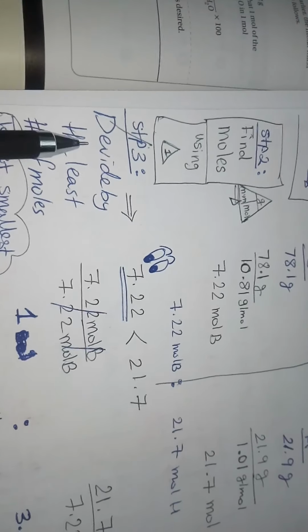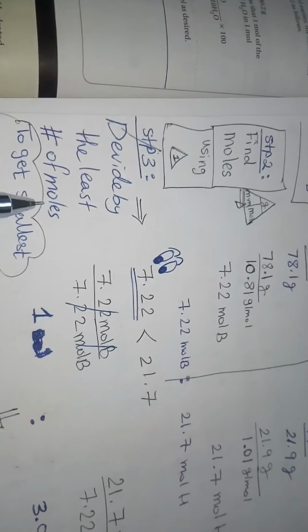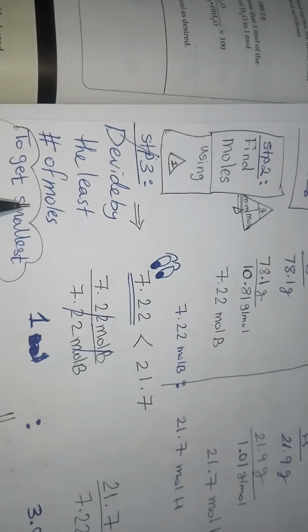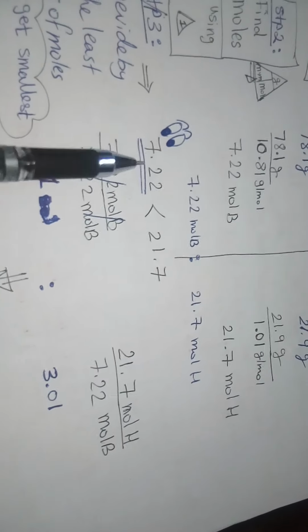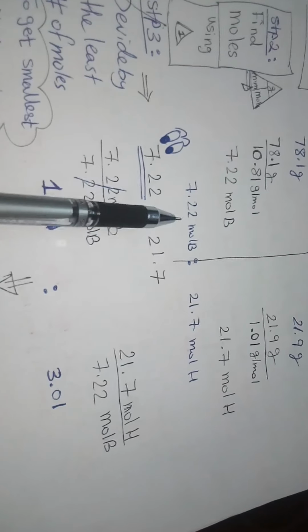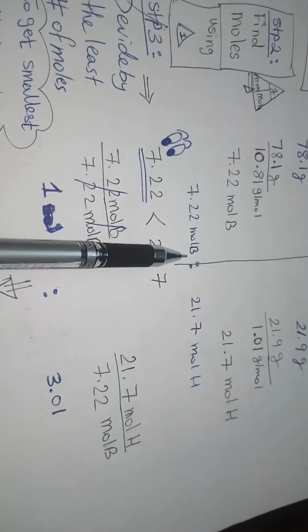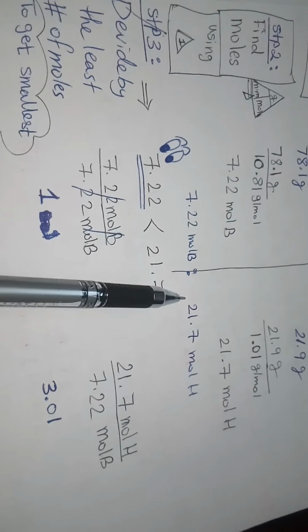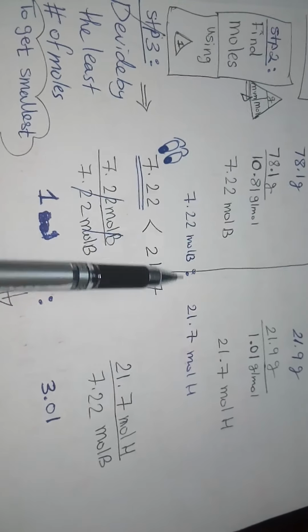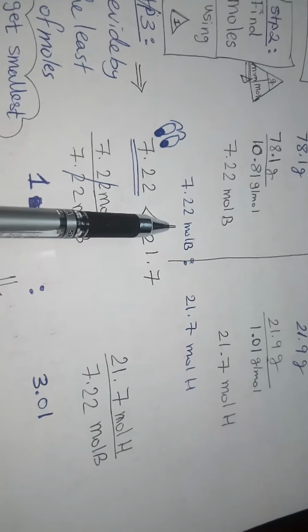Step 3, divide by the least number of moles. Divide by the least number of moles to get the smallest whole ratio. Okay, we need to find the smallest whole ratio. So 7.22 to 21.7, if we want to minimize that and keep a whole ratio, of course, we need to divide by the minimum or the least moles.